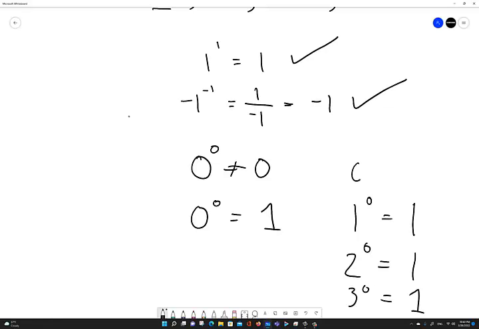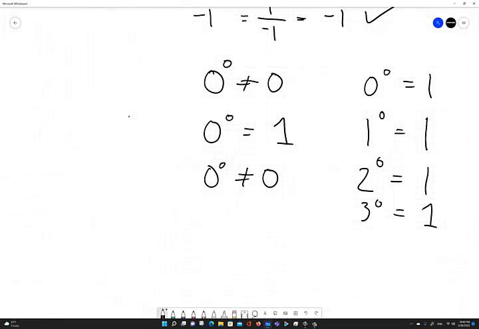So obviously 0 powered by 0 will also equal 1. So 0 powered by 0 is obviously not equal to 0. So 0 is not one of the answers.